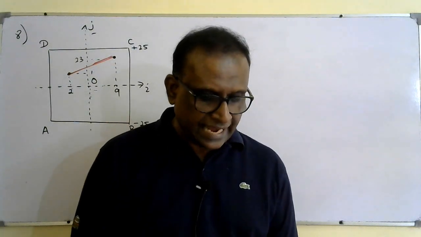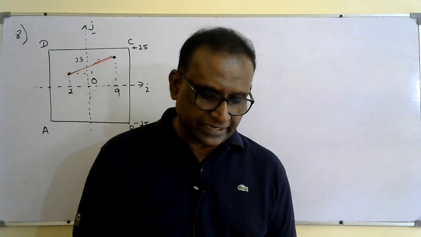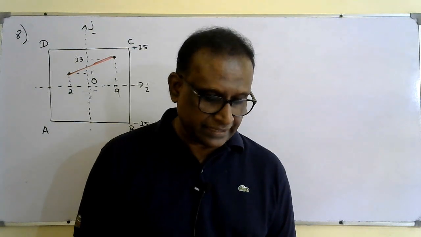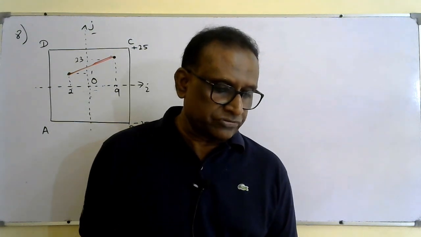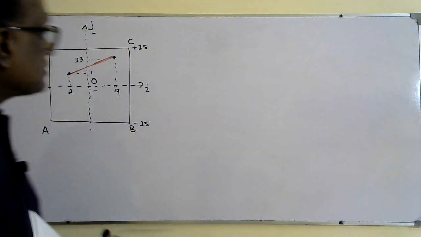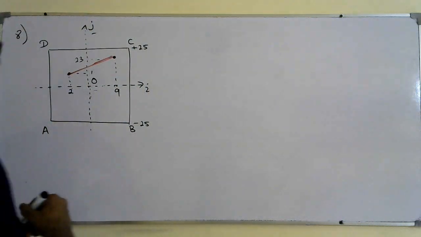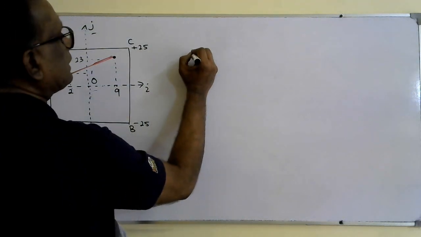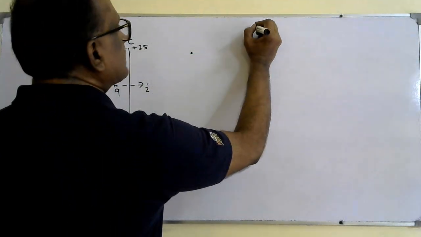So the question is, at time t seconds, the position vector of R is r meters. Find, in terms of t, i and j, an expression for r. Okay, so if I draw the diagram again, initially it was here. Finally it is here.